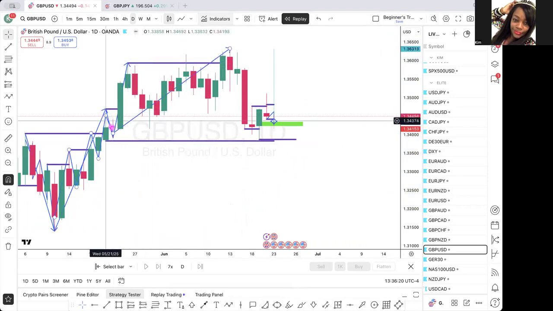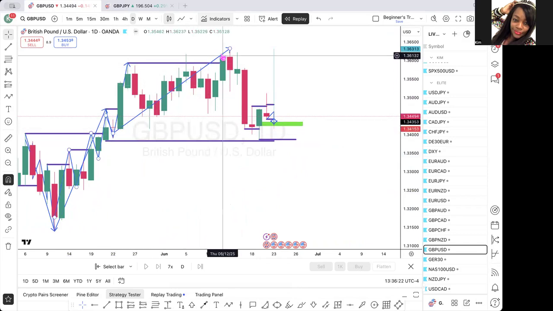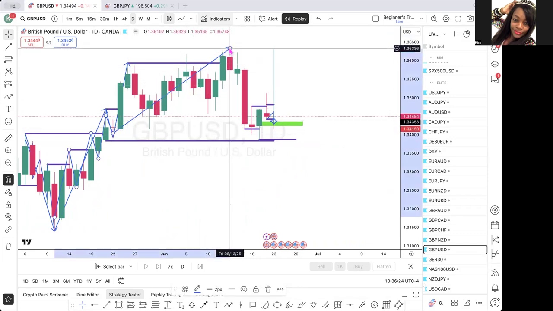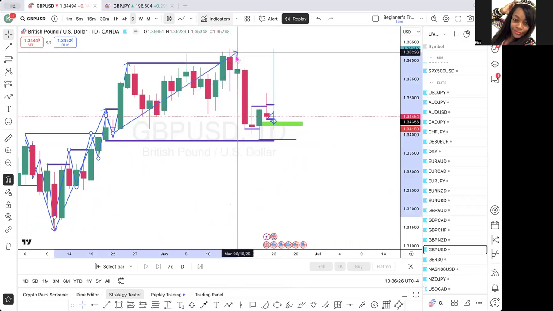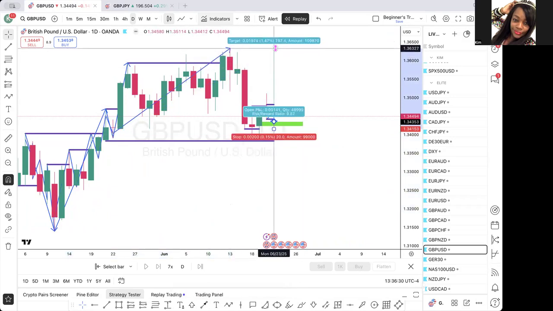So price came from here and broke structure here. That's right. So your TP would be this high right here. Does that make sense? That makes sense, Wisdom?